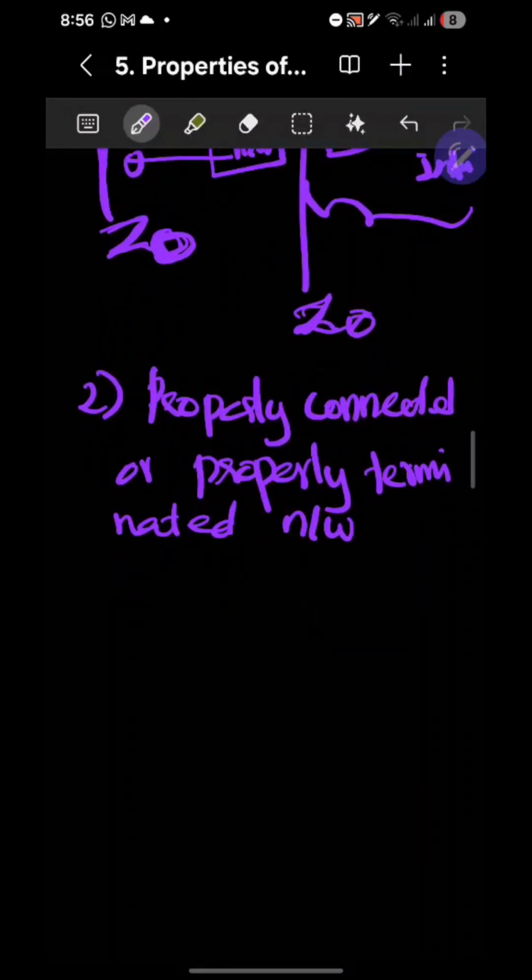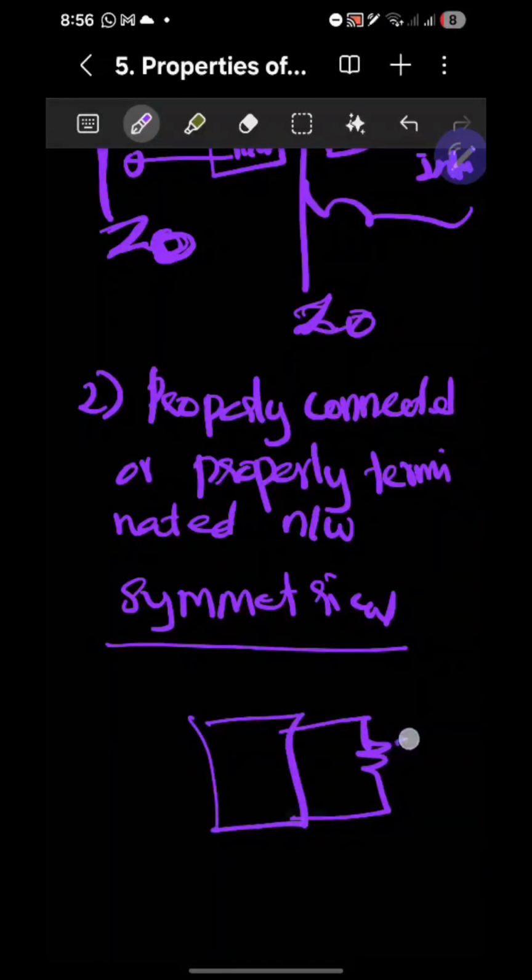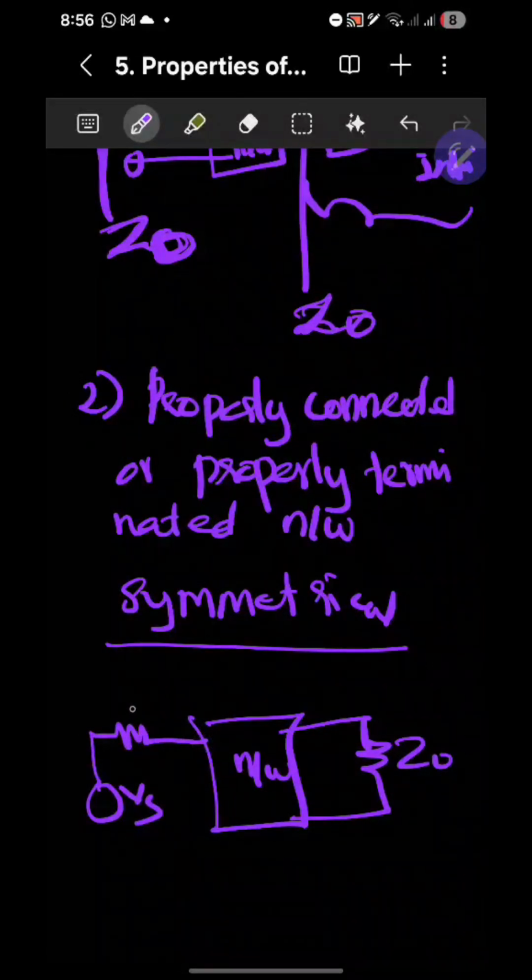In case of a symmetrical network, if the network is terminated with Z0 and the source connected to the network, the symmetrical two-port network, has an internal resistance or internal impedance of Z0, then this network is called a properly terminated or properly connected network.